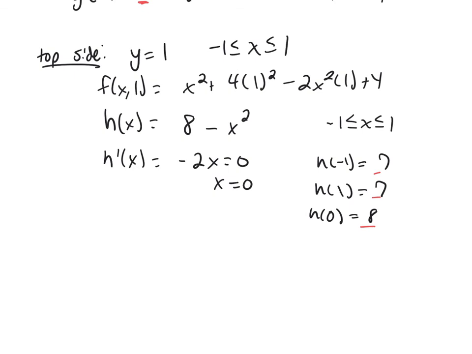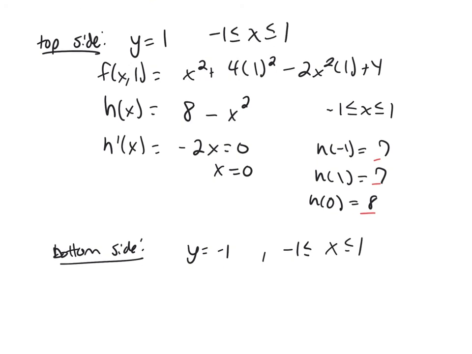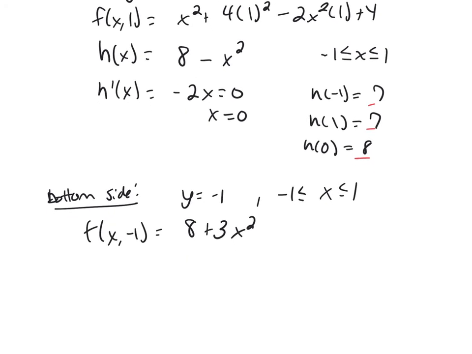And finally, you're going to do the bottom side. Y is -1, x is between -1 and 1. So you're going to plug in -1 for y. If you do that, you'll get 8 plus 3x squared. Find your critical numbers. I'll relabel this as my function h of x.